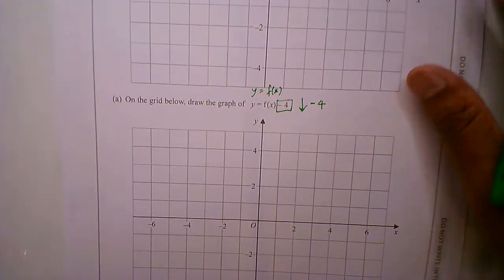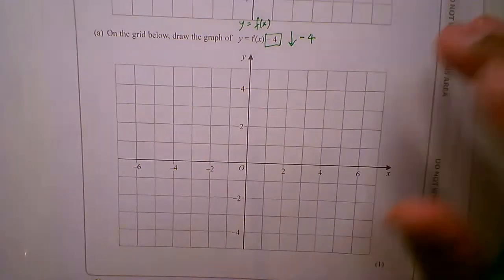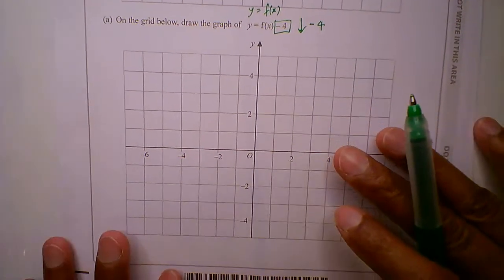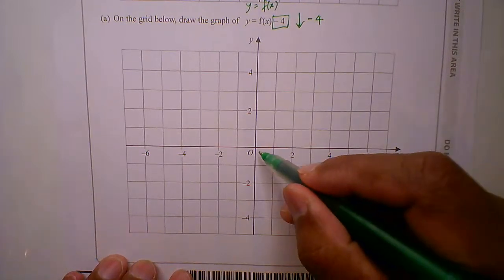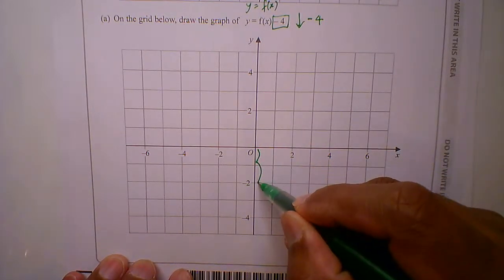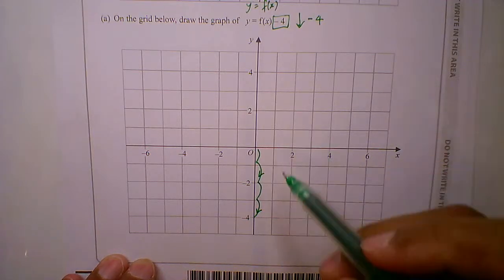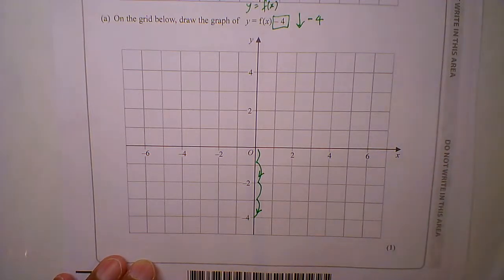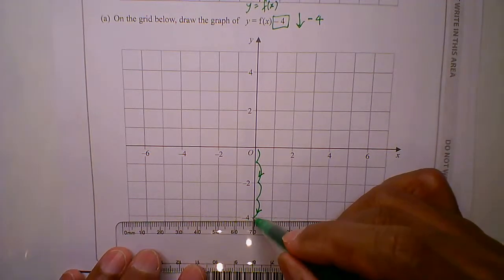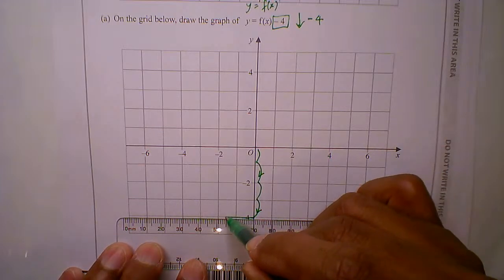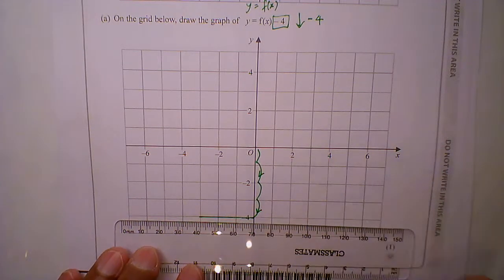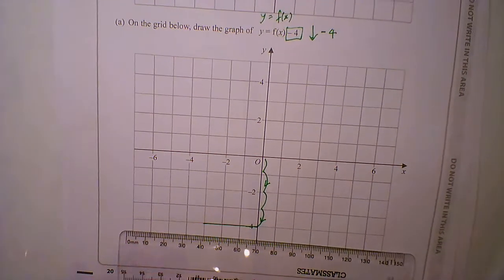So if we are on 0, and we're shifting 1, 2, 3, 4 spaces down, our base comes here. 1, 2, 3 squares. Okay, so we've got our base there.